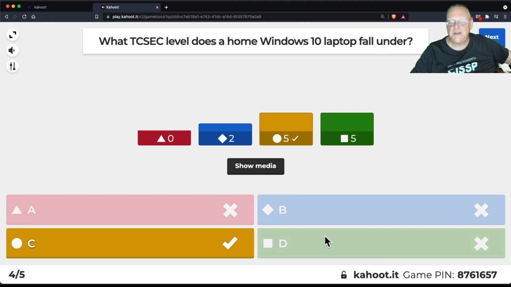A is the best, D is the worst, and that's level C, a modern Windows system. An MS-DOS system was more like D. Anyway, all right.